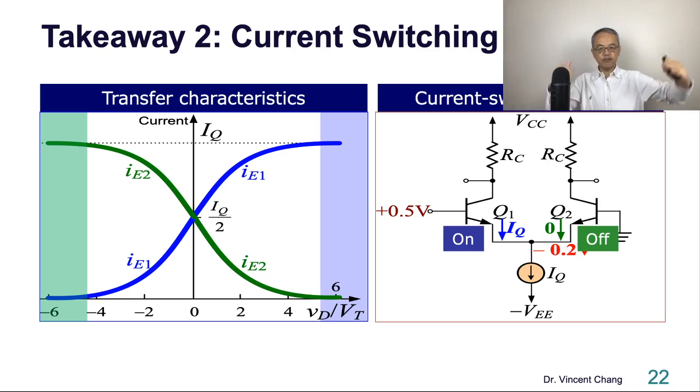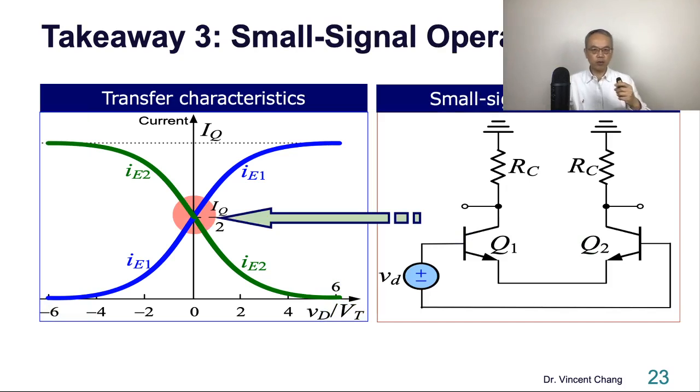In the opposite case, if VB2 is much greater than VB1, the current goes to the right-hand side. The third one, small signal operation, is centered around the common mode and operates within a very small linear range. This is where the small signal differential amplifier operates.